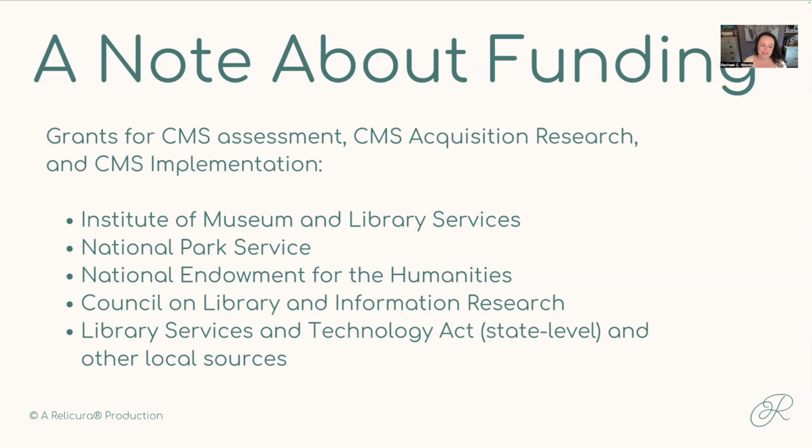And then at the state level, each state gets Library Services and Technology Act funding, so it's federal funding but distributed through a state entity. LSTA is the acronym, and I've worked with clients on quite a few of those grants to go through this procurement process.